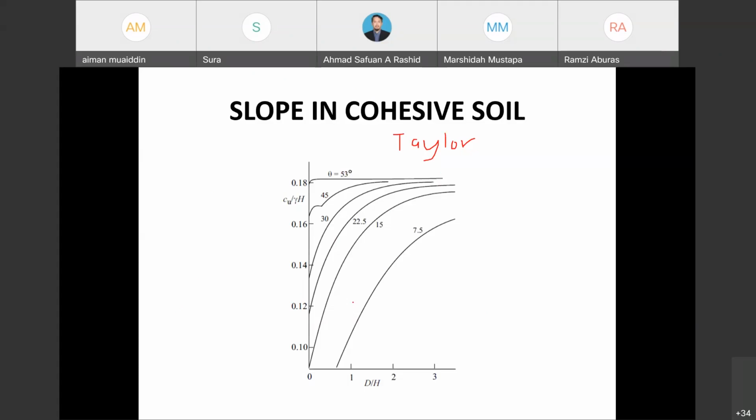It is normally used to get the factor of safety of the slope by using this stability number. We call this a stability number. So this is dimensionless 1, this is dimensionless 2, while this is dimensionless 3. So that is the benefit of using this dimensionless or dimensional analysis.